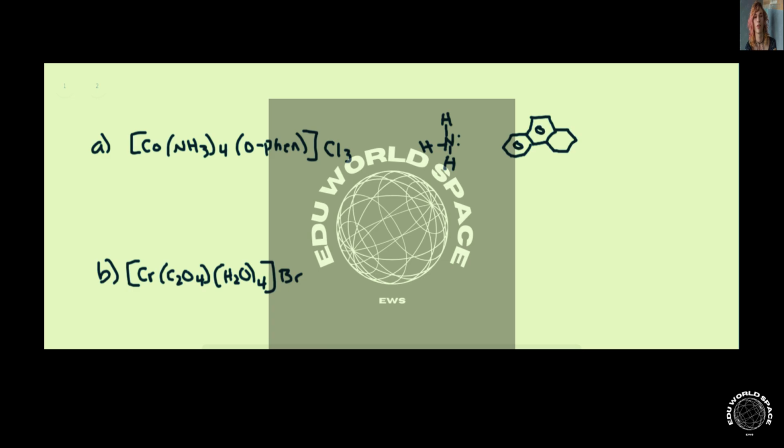These are all coordinated, and then there are nitrogens here with lone pairs. So this has two different lone pair centers, two nitrogens, so this could be a bidentate ligand. So this O-phen is our bidentate ligand here.